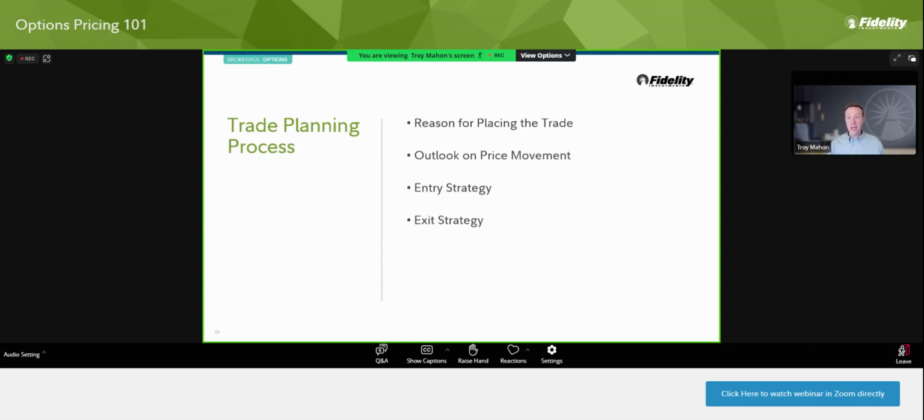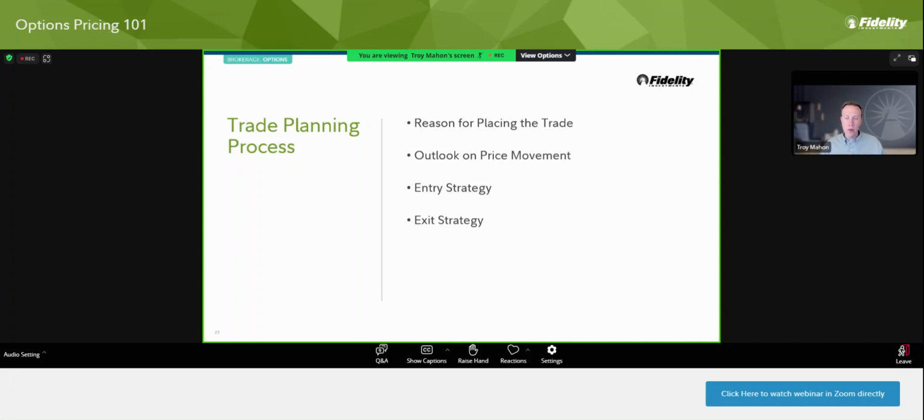There's nothing wrong with saying, hey, I really like doing covered call trades. I really like buying calls or I really like buying puts. Just make sure it needs to match your outlook. If you are bullish, you should not be buying puts. If you are very bearish, you should not necessarily be doing a covered call because it's a neutral to slightly bullish type of trade. So make sure you have a plan.